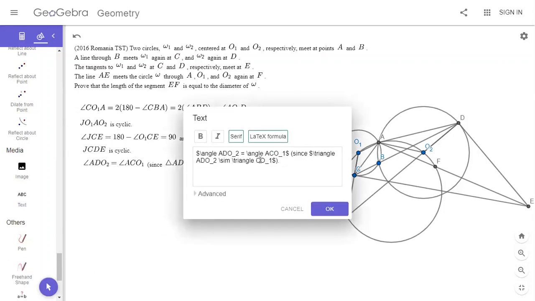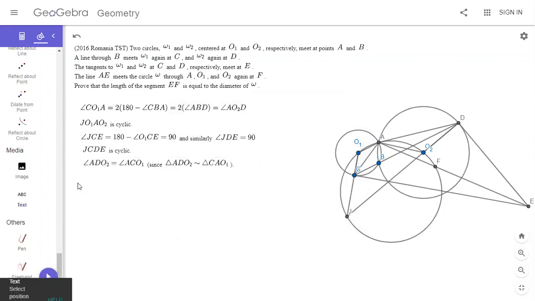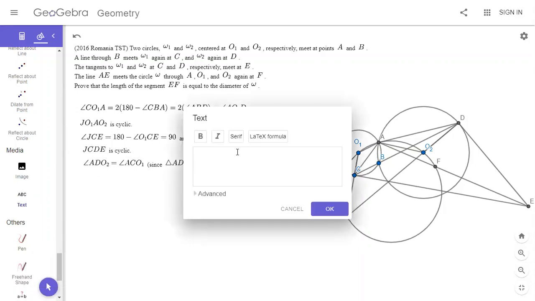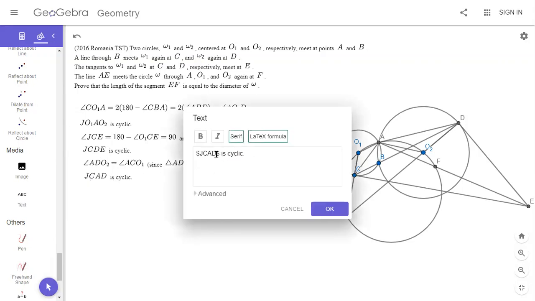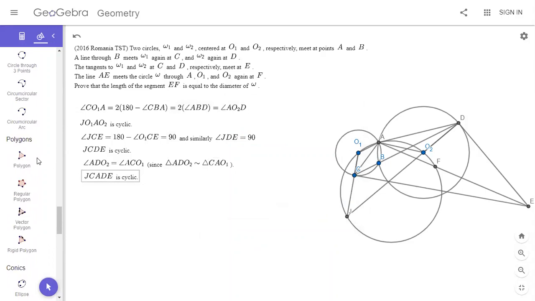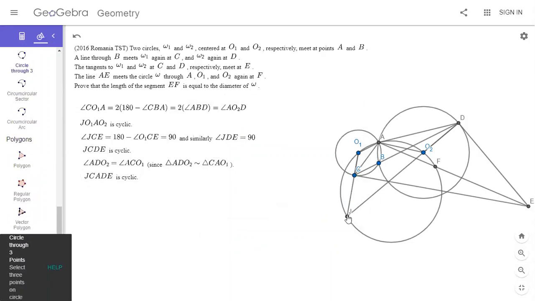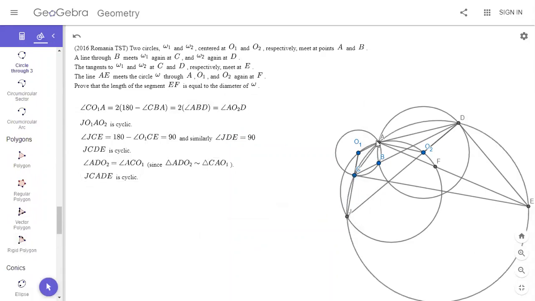So JCAD is cyclic. All right, so that means that all 5 of those points lie on a circle. So I'm just going to add E in. So JCADE is cyclic.